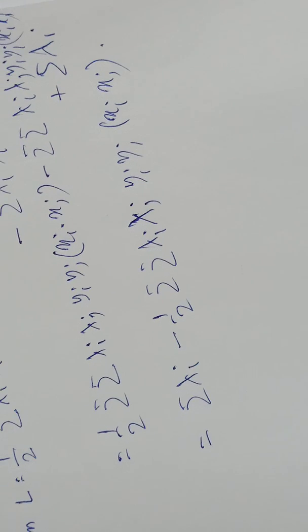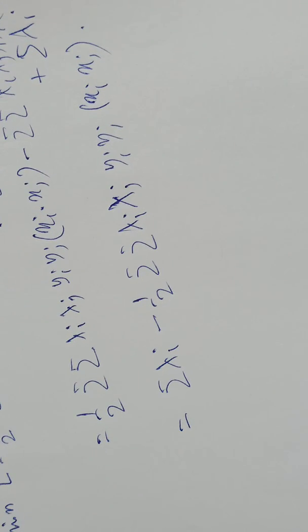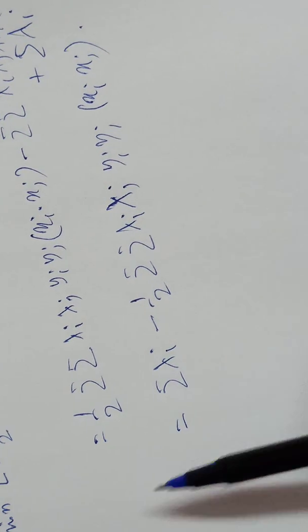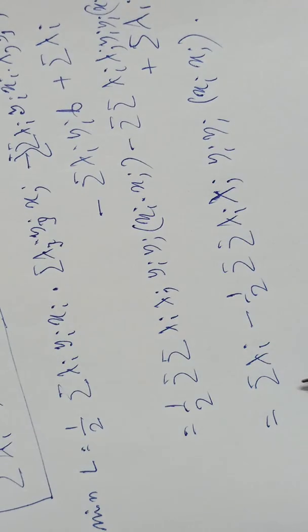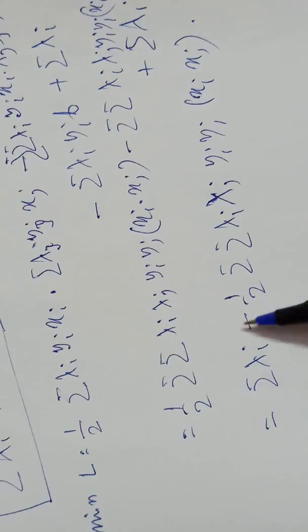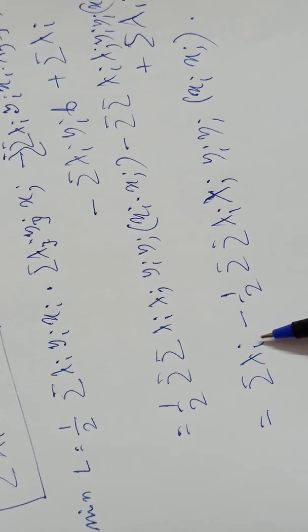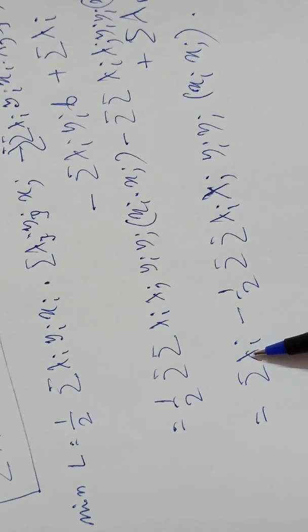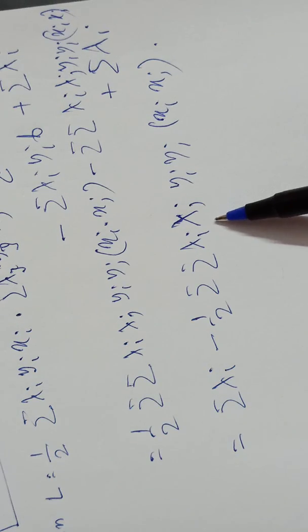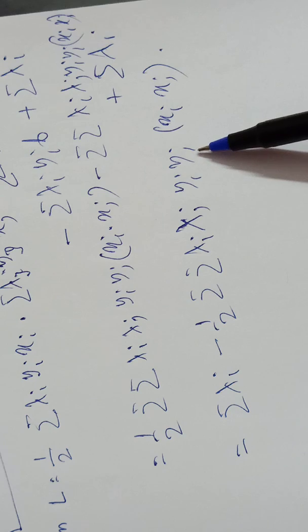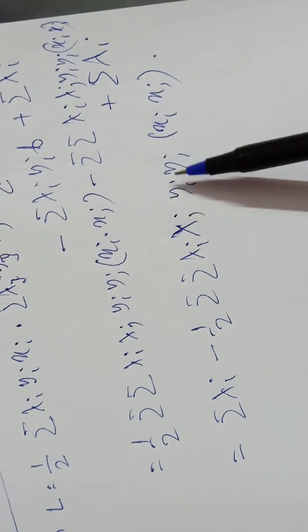Clear? So now from here what we have got: minimum L equals the sum of lambda I, which is constant. The Lagrange multipliers are known to us. Yi, yj are the positive and negative values, the variables that we have considered.